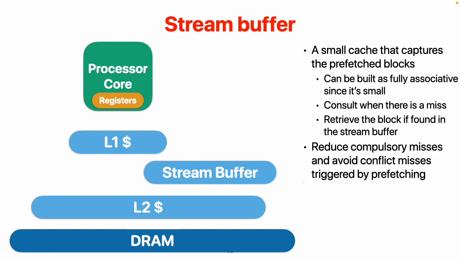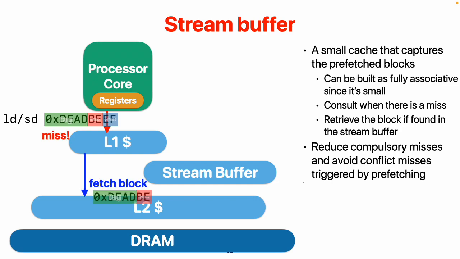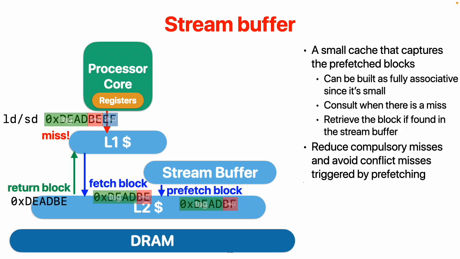So the idea of the stream buffer is very simple. Instead of putting the prefetch block into the original cache, I add a small buffer called the stream buffer to store the block that I prefetch. So only when I cannot find the block in the L1, I will consult the stream buffer to see if I have the block.